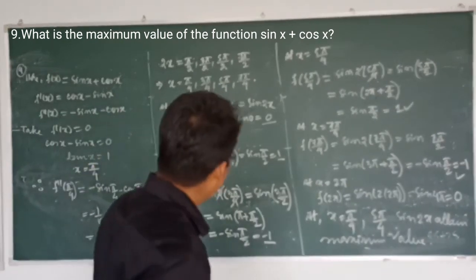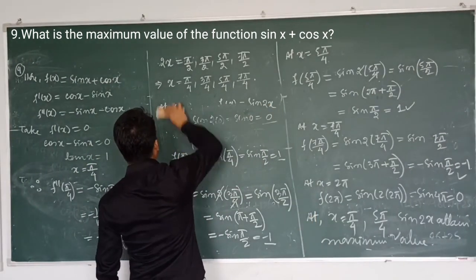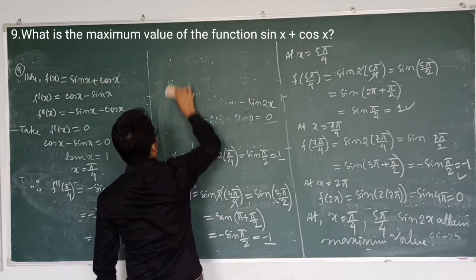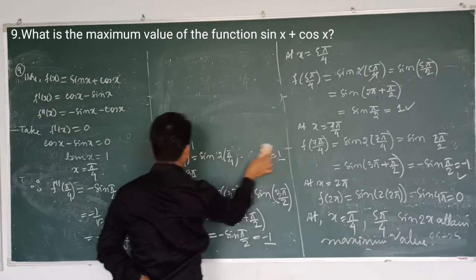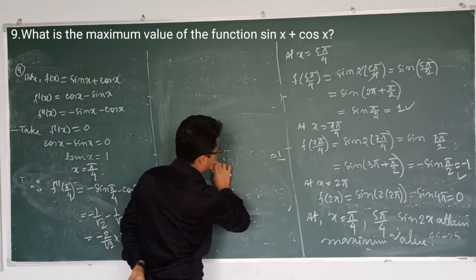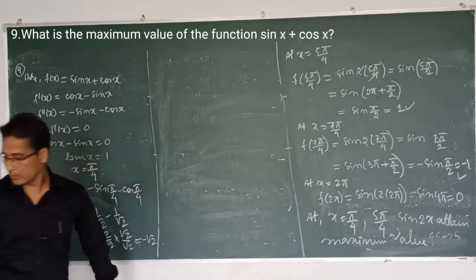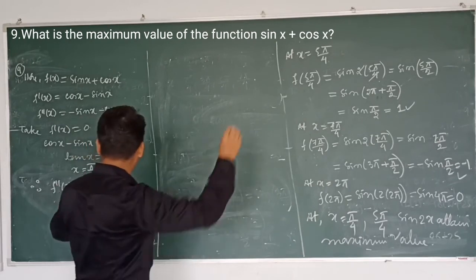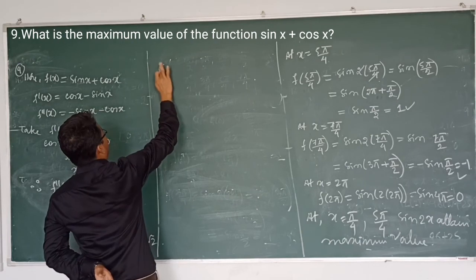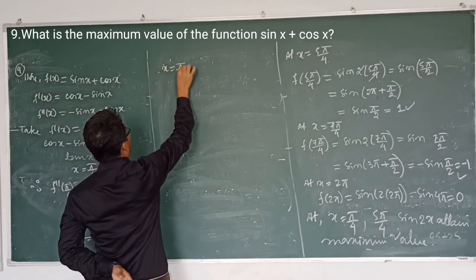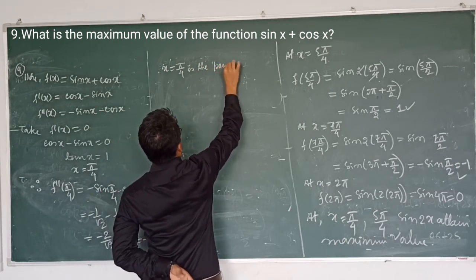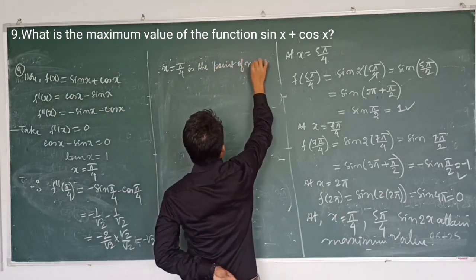So we write that x equal to pi by 4 is the point of maxima.